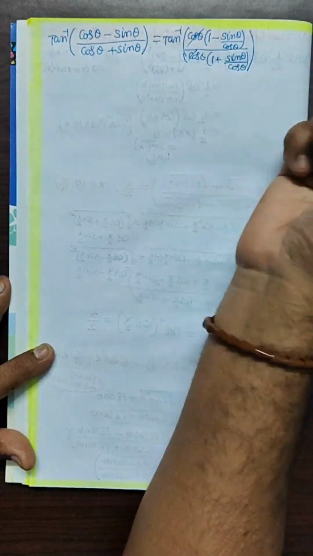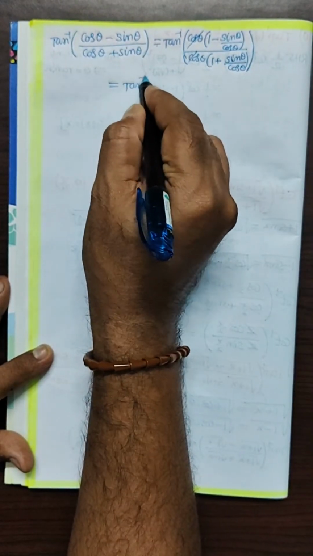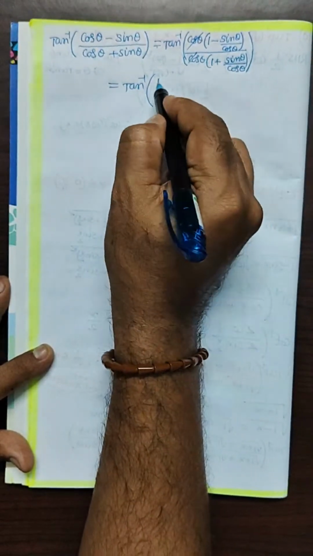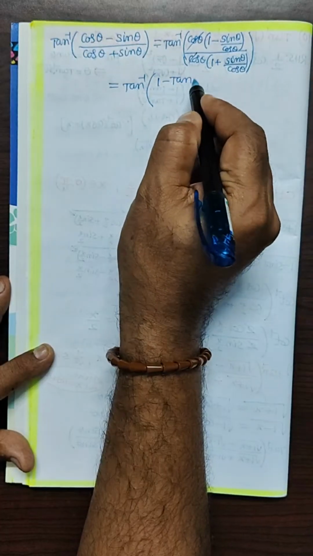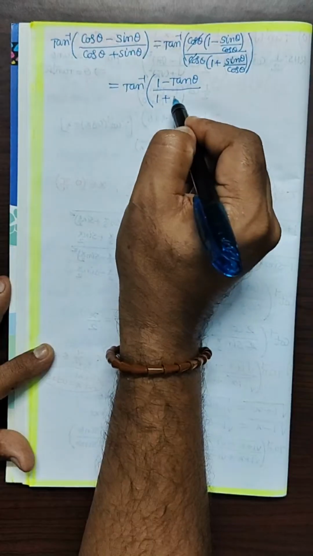Cos theta gets cancelled. So which is equal to tan inverse of (1 minus tan theta) divided by (1 plus tan theta), since sin theta by cos theta is tan theta.